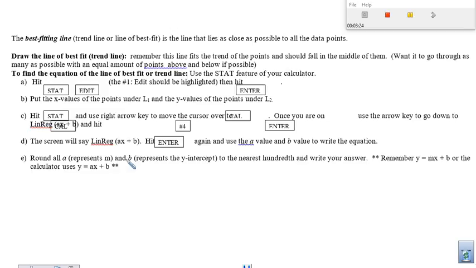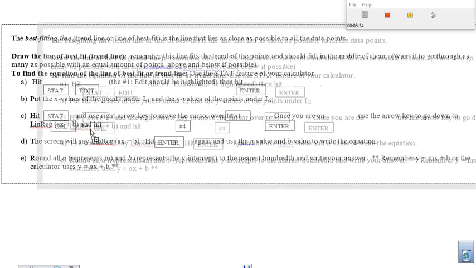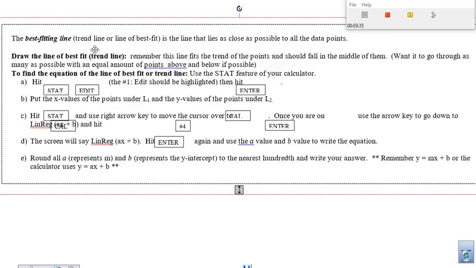The deal that we used on the tables in the previous assignment is your calculator stuff, so that you can find the equation of your best fit line. You take the X values and the Y values of each point given to you in a table or on a graph, and input them into L1 and L2 on your calculator.